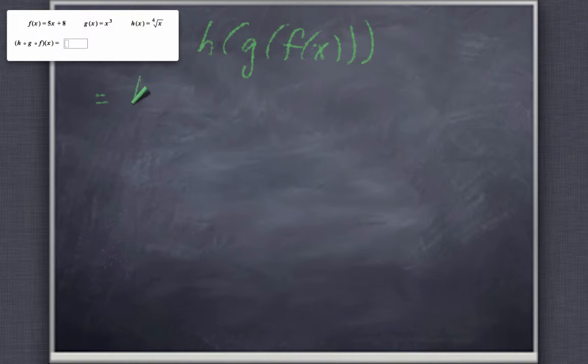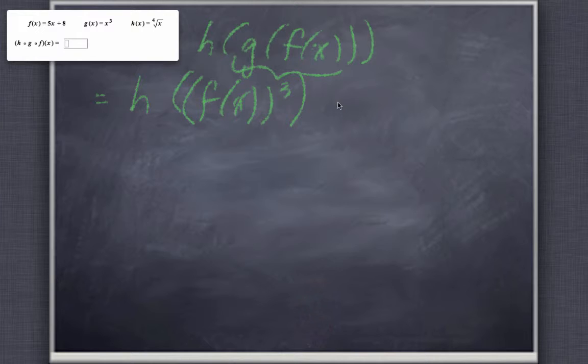So this is h of, there are a million orders in which you can do this. I'm going to leave the f of x. I'm going to just substitute for this part right now and leave the h hanging out there. So g cubes whatever you give it. So that's f of x cubed.